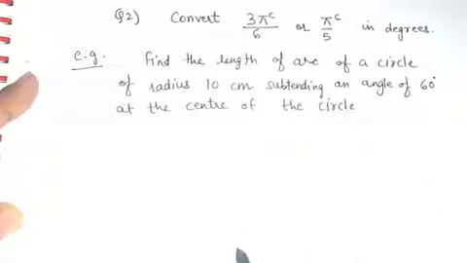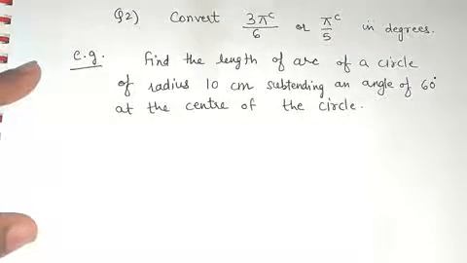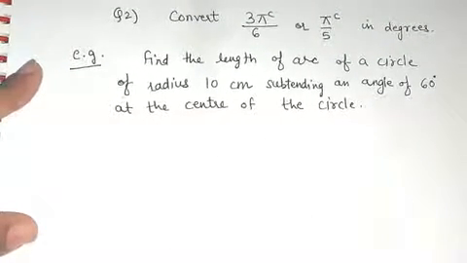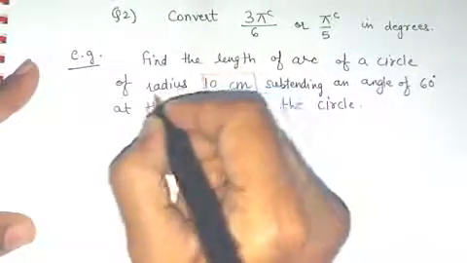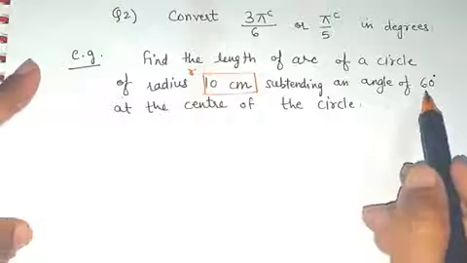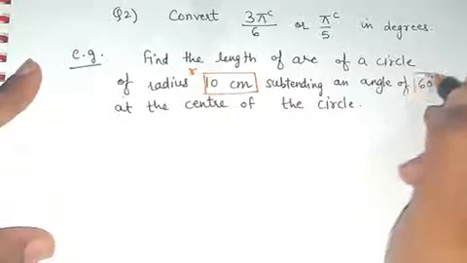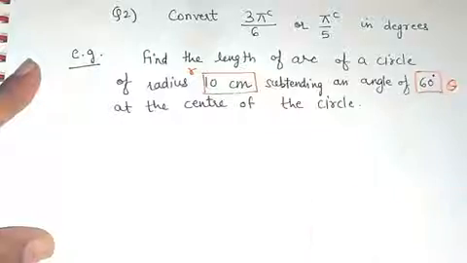So in the problem, first of all, try to recognize the given quantities. As we can see, this is r because it is given by the name radius, and this is an angle, 60 degree. So this may be symbolized as theta.